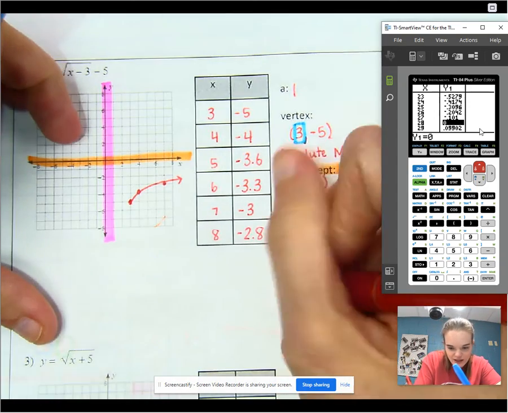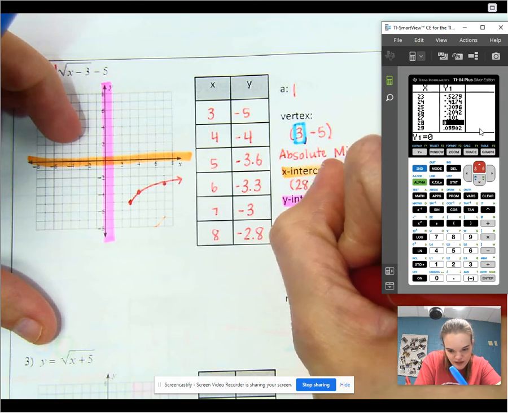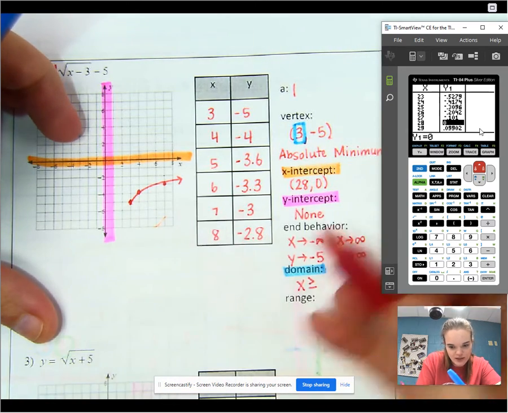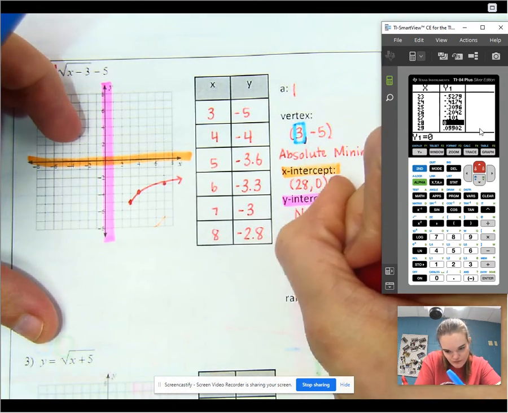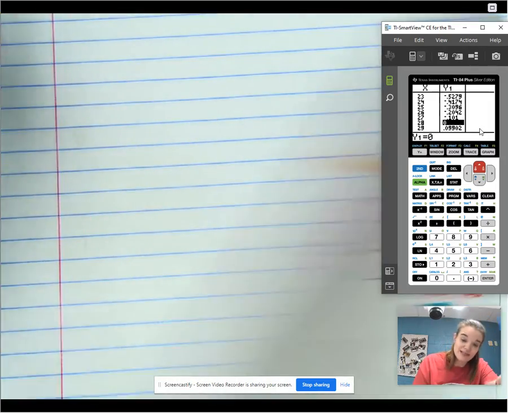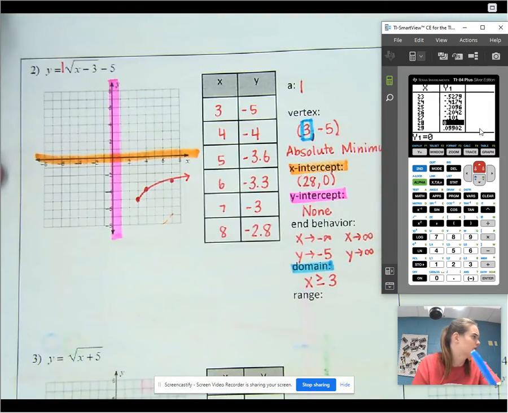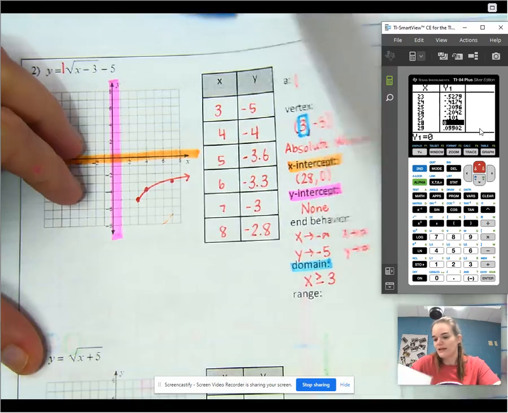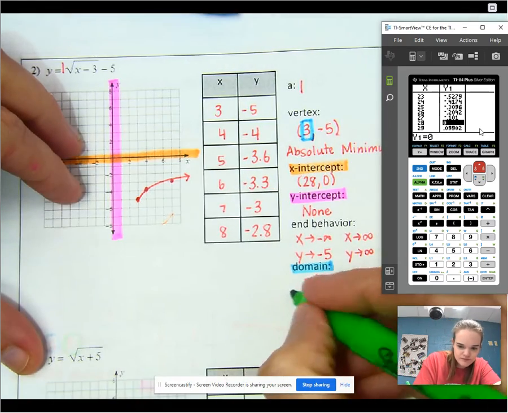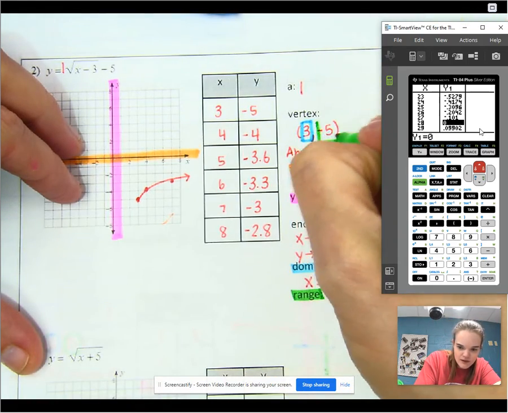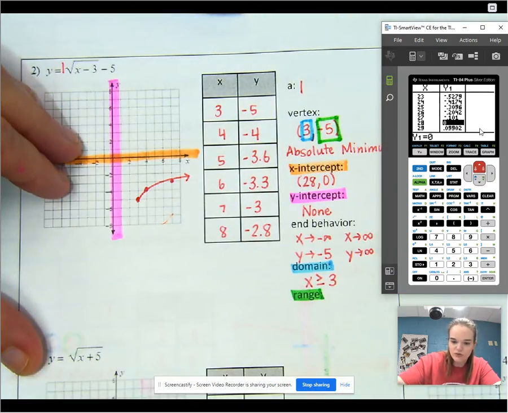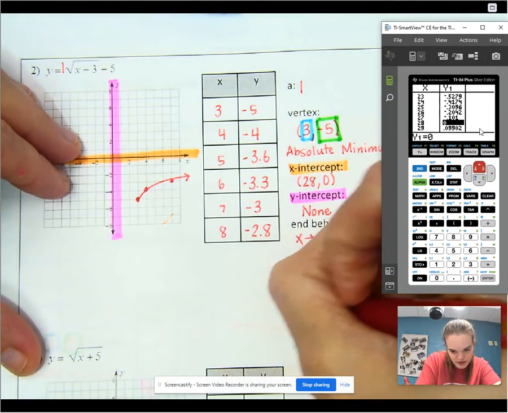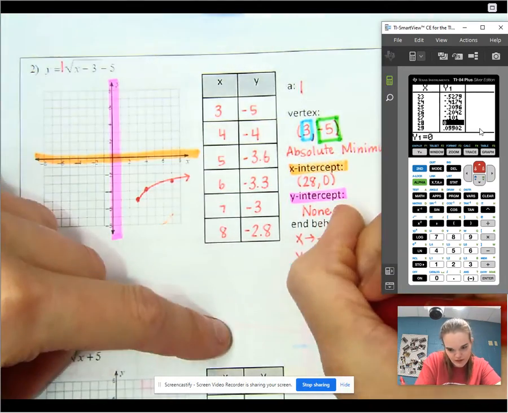The domain is x is greater than or equal to, because it's pointing right, 3. Did I switch them? I did, and that bothers me. Oh well. The range is y is greater than or equal to, because it's pointing up, negative 5.